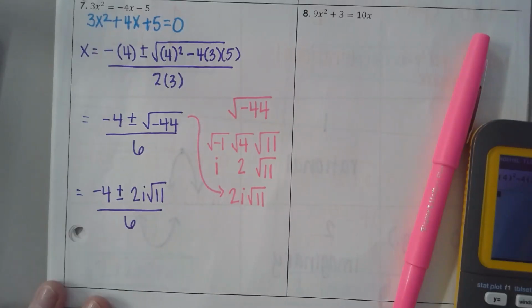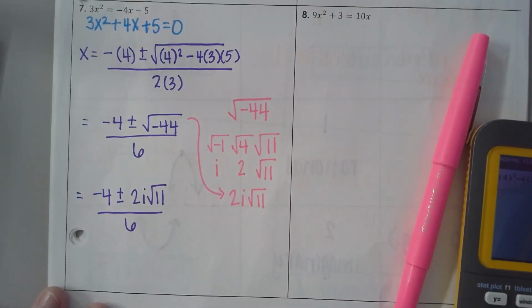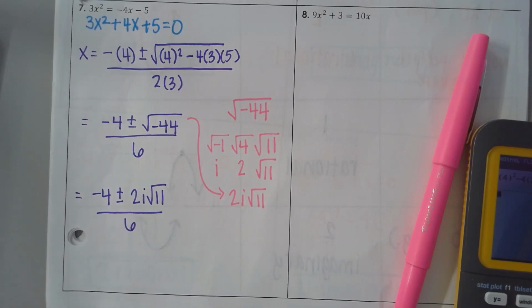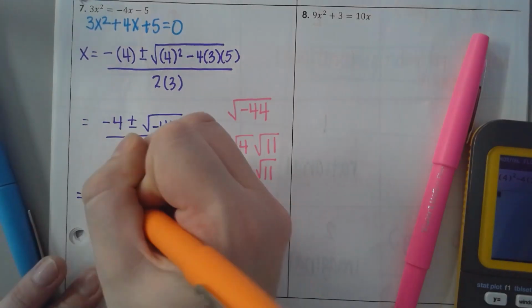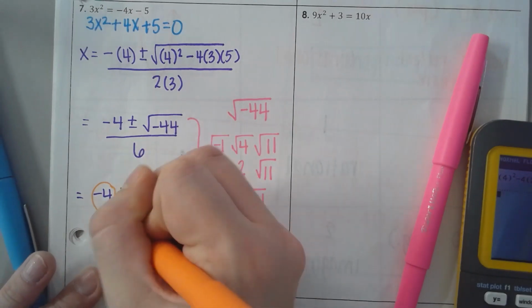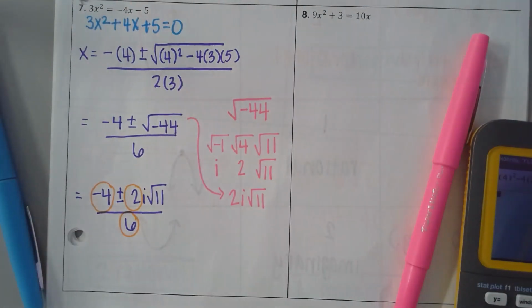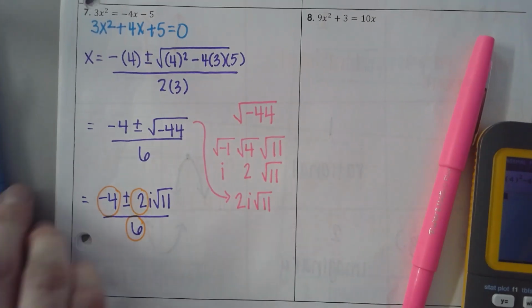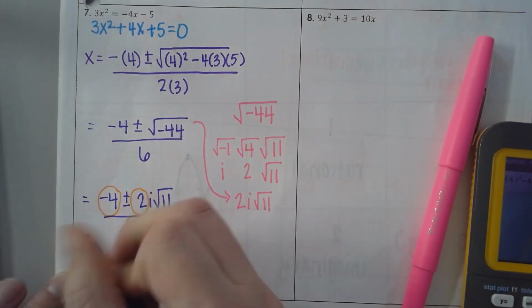And we get negative 4 plus or minus 2i square root of 11 over 6. Can I divide all three of those numbers by something? 2. Yep, I can divide them by 2.